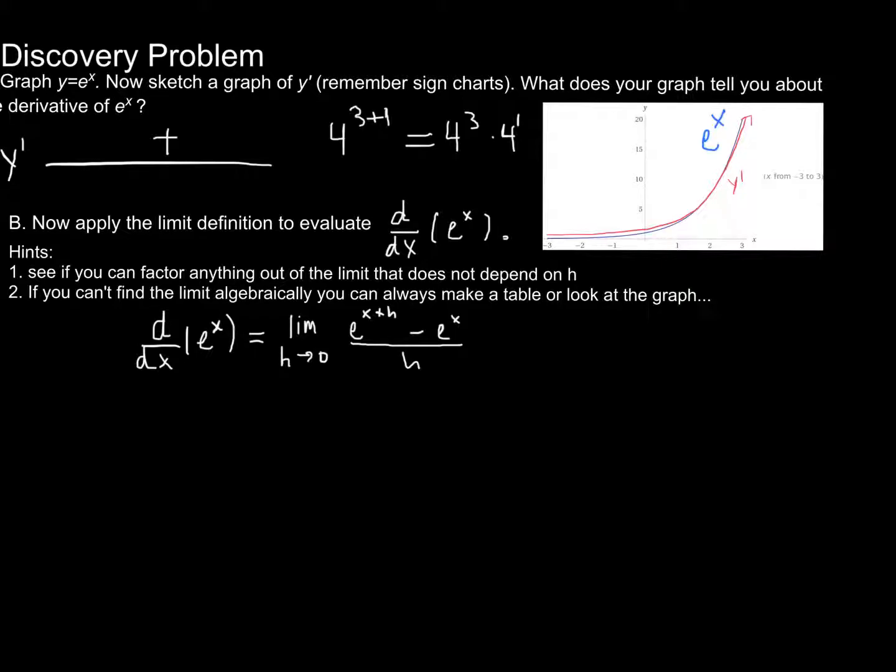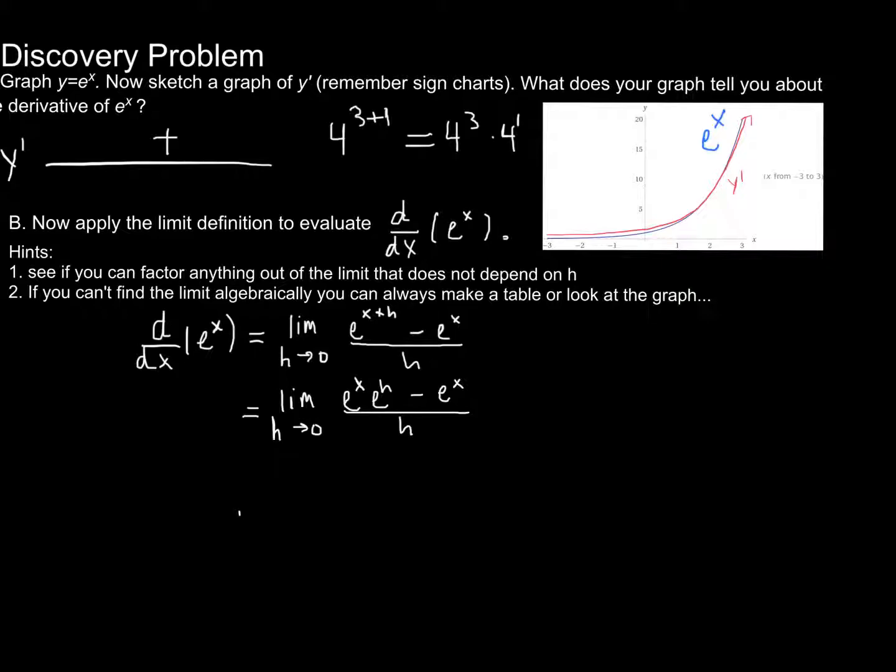So we can rewrite our limit statement as e to the x times e to the h, minus e to the x, over h. All right.